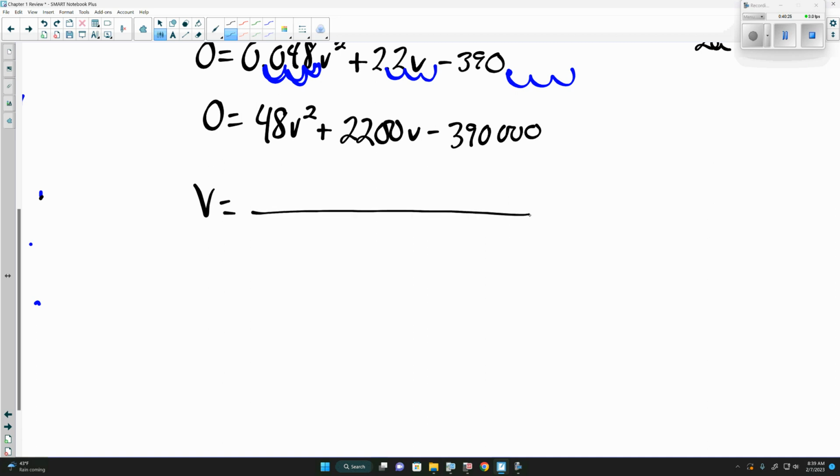Now again, these are some big numbers, but with the quadratic formula, the calculator is going to do most of the work for us.